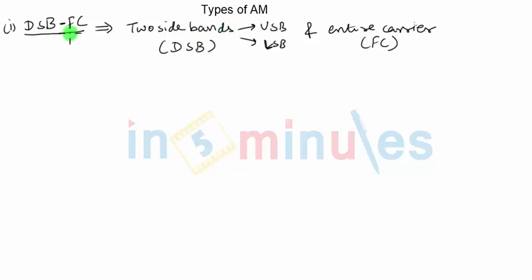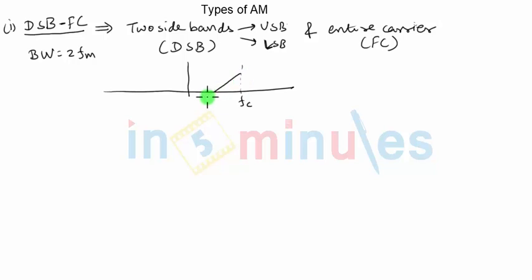So now when you transmit double sideband full carrier, the total bandwidth of the signal required will be twice FM, because every sideband has the bandwidth of FM. And if you remember, the frequency spectrum in that case will look something like this. Let's say you have a carrier frequency here.